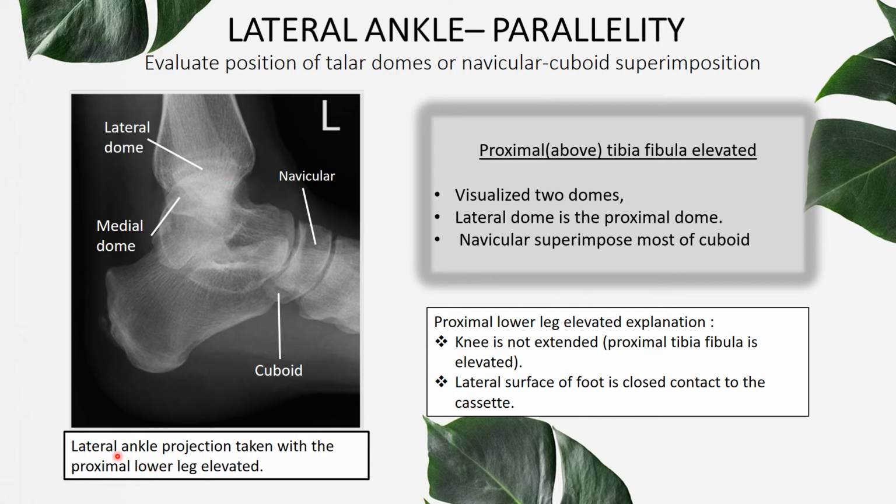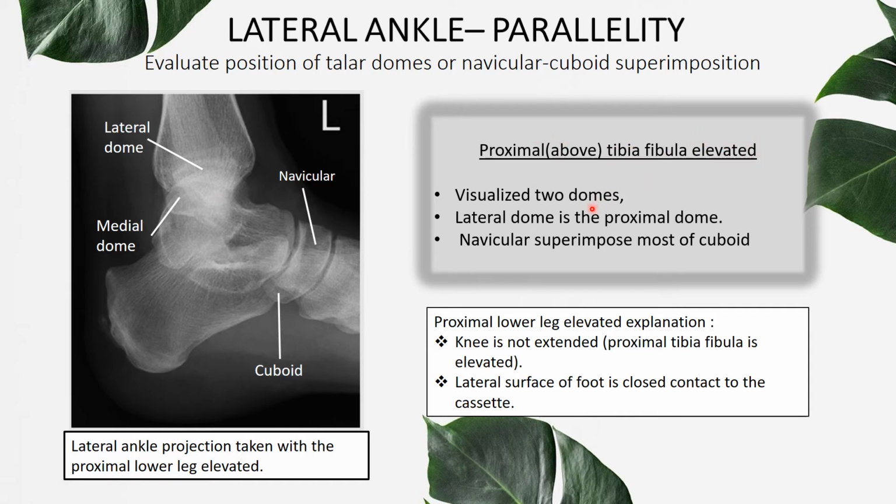What do we mean by proximal lower leg? The proximal lower leg is the area closer to the knee, and the distal lower leg is the area closer to the ankle.